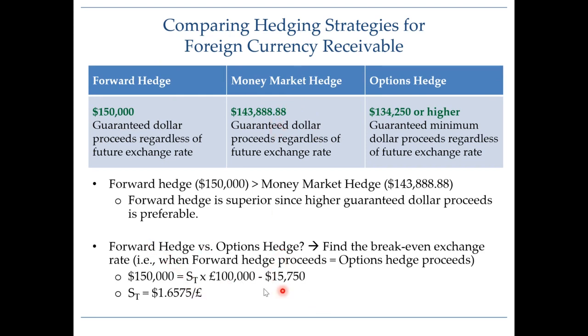So when we do that, what we can do is we can solve for the break-even exchange rate that will make us indifferent between forward hedge and options hedge. So we will do that by setting the proceeds from these two hedging methods equal to each other. So obviously, if we do exercise options hedge, it will give us $134,250, which is less than forward hedge, but we may not.